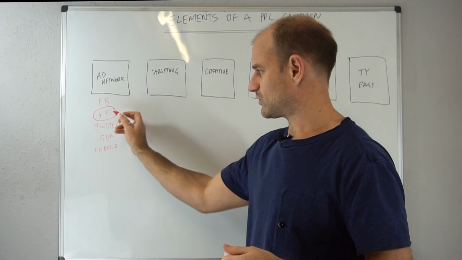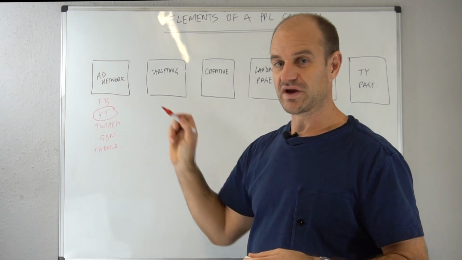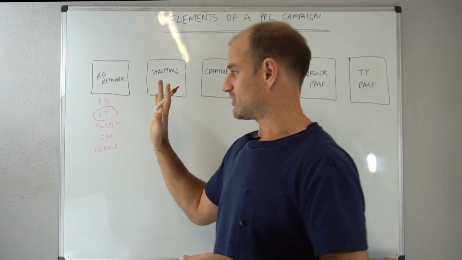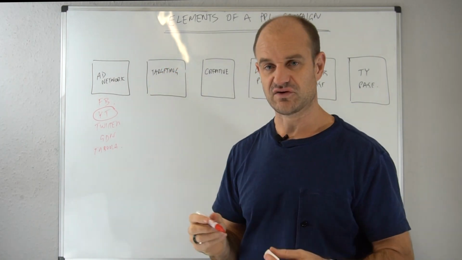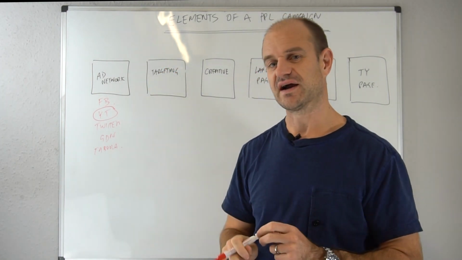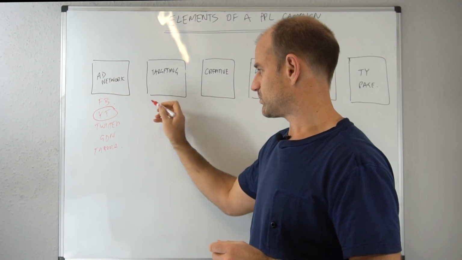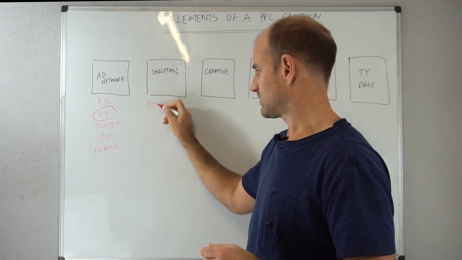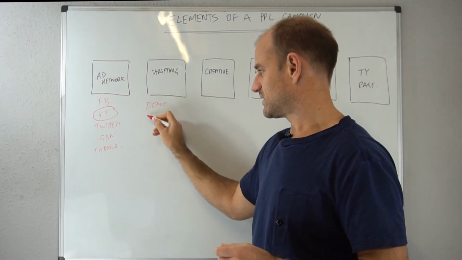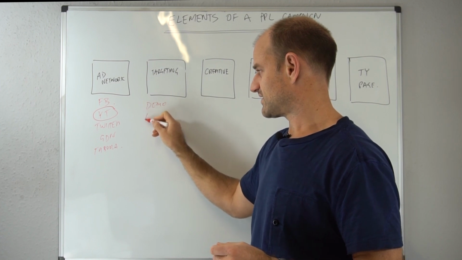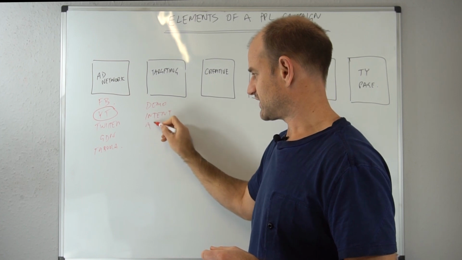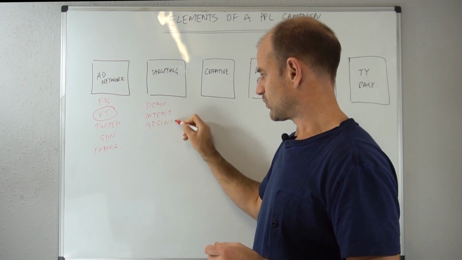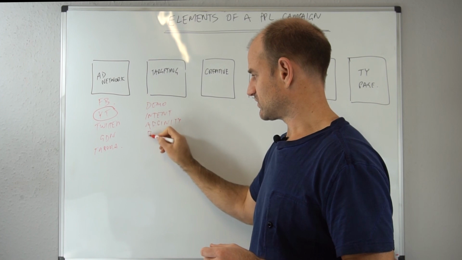So let's say you're doing YouTube and you're getting really good at YouTube, and you know that that's the one that you want to do. Then let's look at the targeting. So what different types of targeting do you want to go with? What is the best demographics? Demos, the best custom intent type audiences, or there's affinity audiences, or do you want to test going after a broad audience?